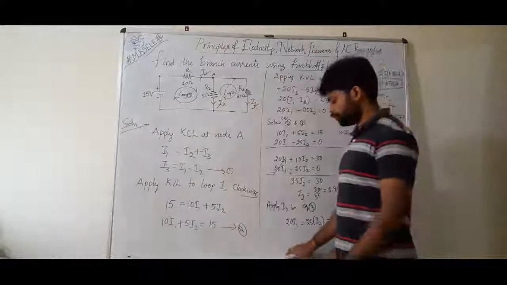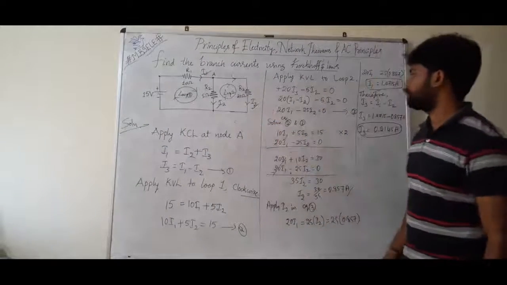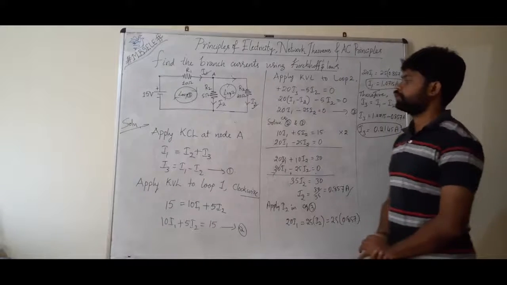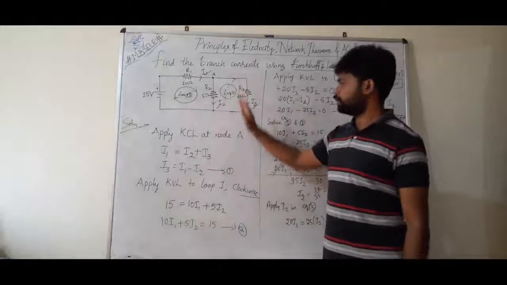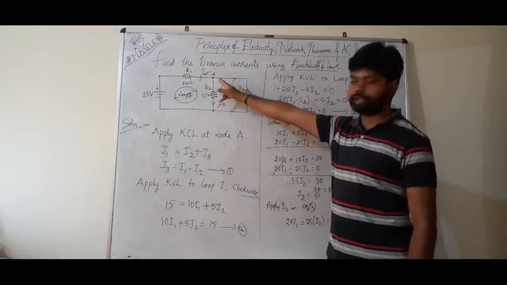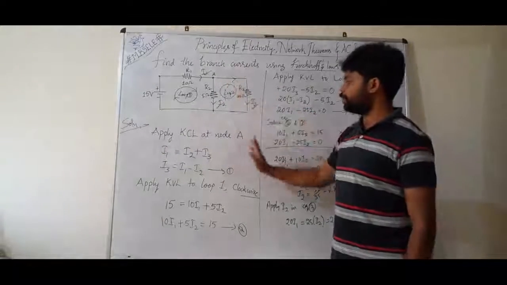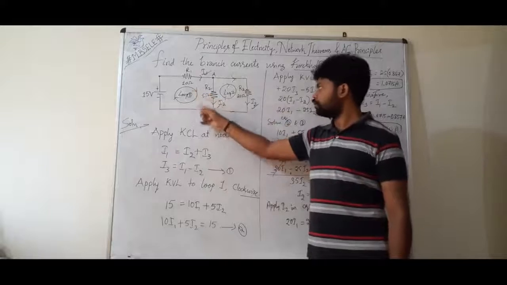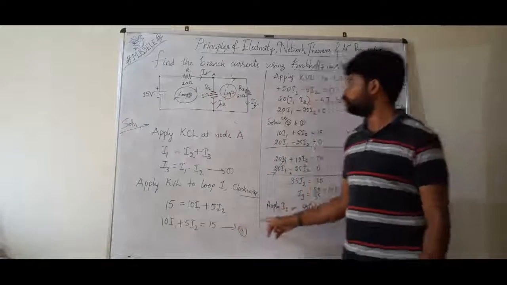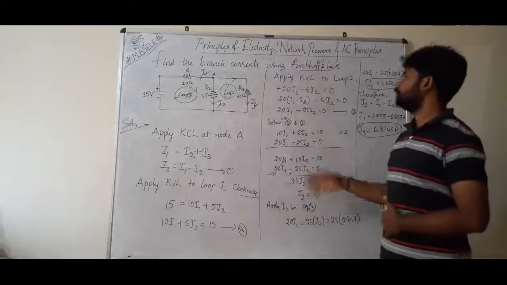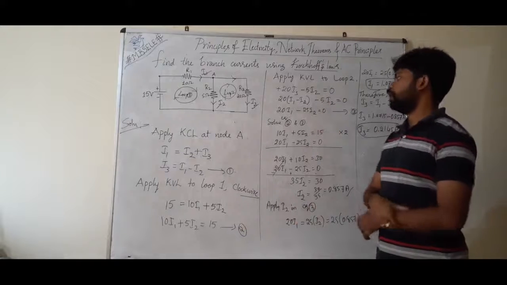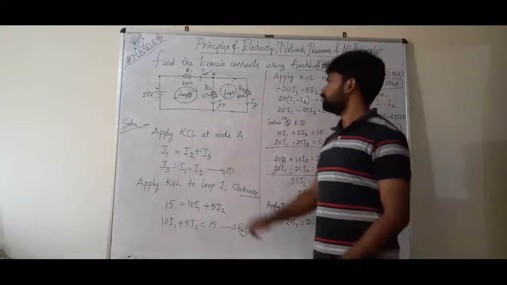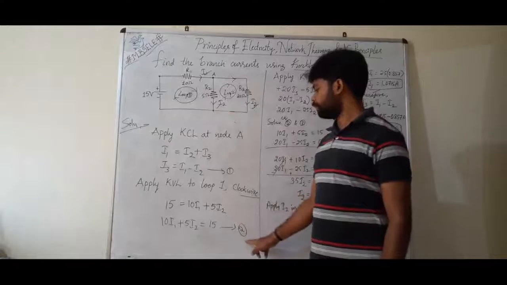So this is how we calculate these unknown currents in different branches of a complex circuit using Kirchhoff laws. This is one example problem. Hope you understood. First we apply KCL at the desired node. Next we apply KVL to the loops, loop 1 and loop 2. You know the rule for how to apply it. On applying KVL to the loops, you get equations.